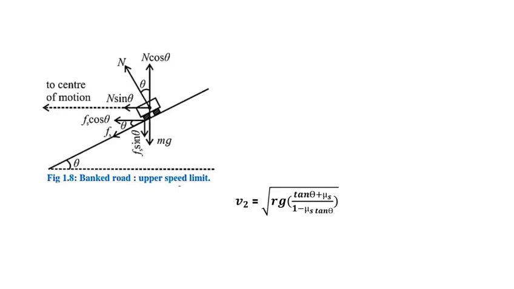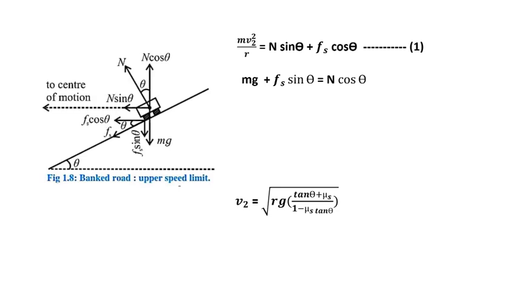Yes, mg acting vertically downward and N perpendicular to the banked road. Frictional force acting downward. Its components are Fs cos theta along with n sin theta, and Fs sin theta along with mg. So here in this case, n cos theta and Fs sin theta are opposite to each other. So mv2 square upon r is equal to n sin theta plus Fs cos theta.